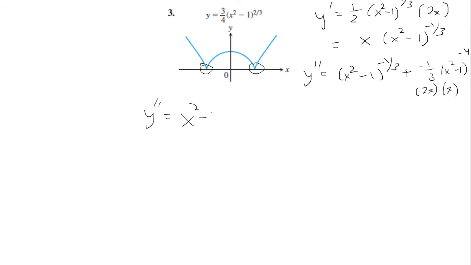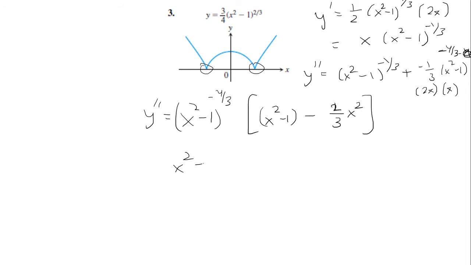It looks like they both have x squared minus 1. The candidates are negative 1/3 and negative 4/3 as the exponent. Okay, let me just write it over here. All right, so the exponent is negative 4/3. So you always pick the smaller one, which is negative 4/3. And now we have x squared minus 1 minus 2 over 3 x squared.